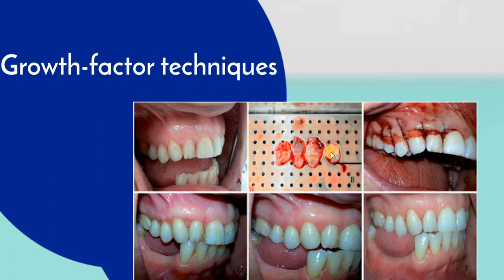And sometimes we use the platelet-rich fibrin with bone and use it on the receded area if we have, for example, bone loss and soft tissue loss. And this is a great technique for restoring the receded gum and sometimes the bone.